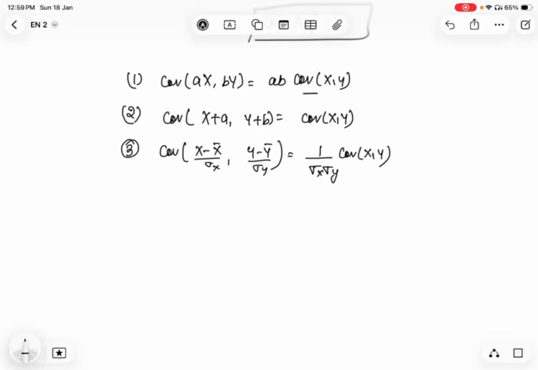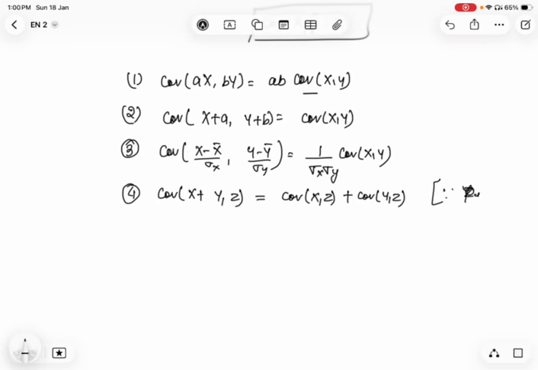Similarly, covariance of x plus y, z, where z is a random variable, will equal covariance of xz plus covariance of yz. Don't think that z is a constant and just keep it out, because z is also a random variable.